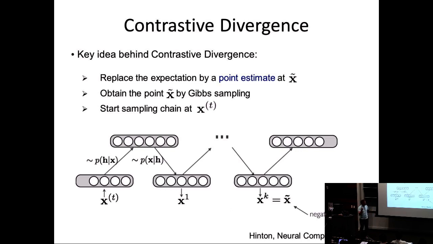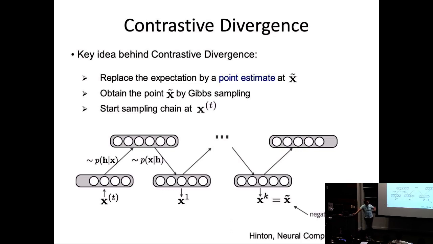Then you again sample the states of the hidden variables, sample the states of the observed variables, and so forth up until some time step k. People sometimes use one-step contrastive divergence, which is just one up and down pass. Or sometimes people use 10-step or 5-step, which basically means you have to do it 5 times.